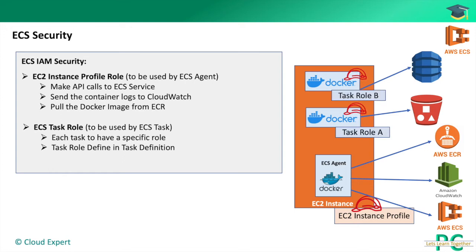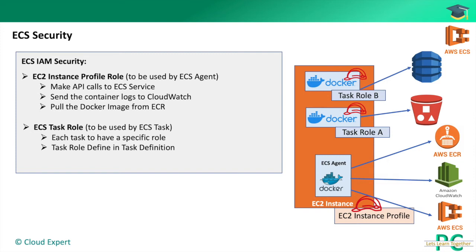The ECS task role can be created for each task, and it can be assigned separately to that task, such that every ECS task will have the required privilege to perform its specific task, and it will not have unnecessary privilege.